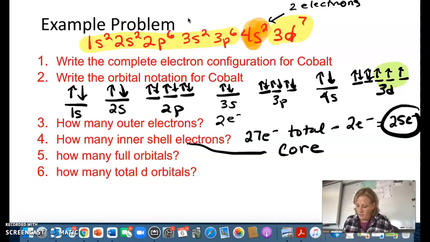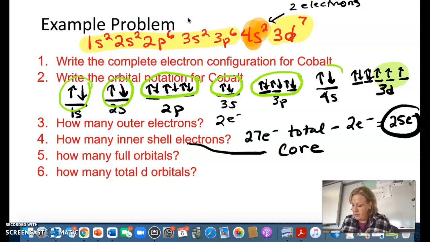How many full orbitals? This is helpful again to use the orbital drawing for this, but we can see there's 1 full orbital there. Here's another, so that's 2, 3, 4, 5, 6, 7, 8, 9 orbitals, 10, and then 11 and 12.